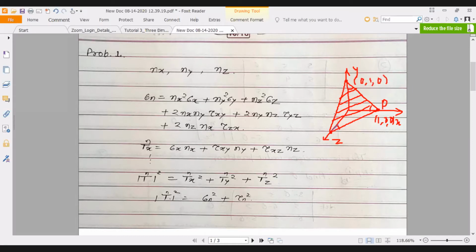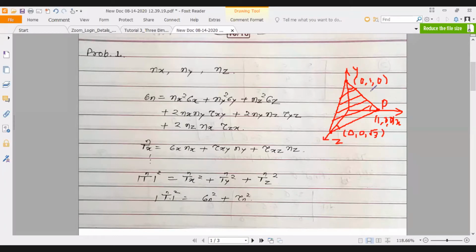You can easily determine the coordinates of this point with respect to these two axes, because the inclination is given. So that would be 0, 0 and root 3.